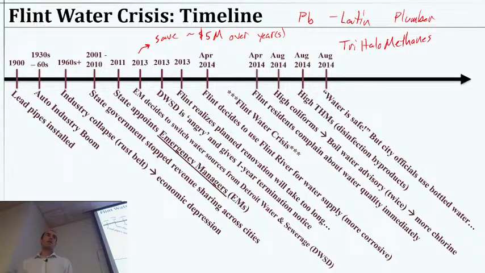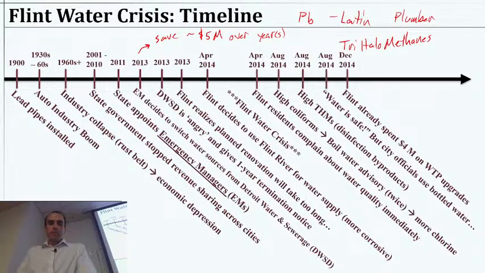So the, what's the word? Not irony exactly, but the hypocrisy is getting pretty thick, right? They are literally ordering lots of bottled water for their city office, and meanwhile telling all the city residents that it's fine, it's safe, drink the water, bathe in the water, use the water, whatever. So that's kind of terrible.